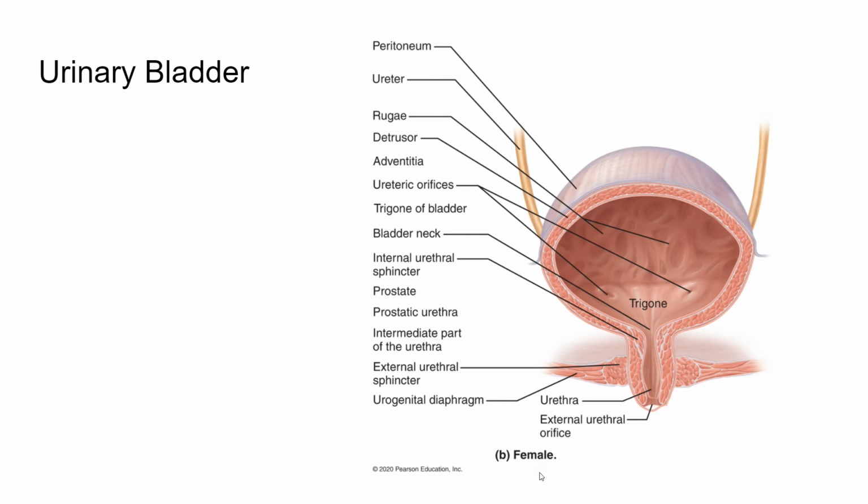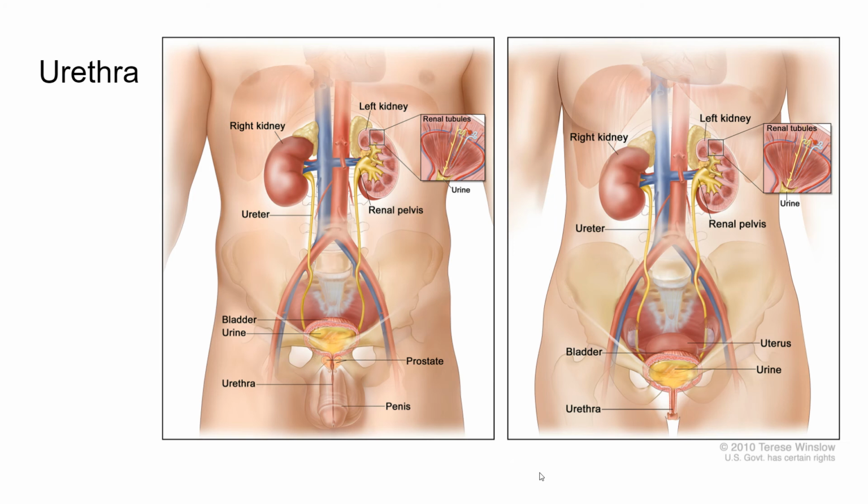Pretty self-explanatory. And then the last one is the urethra, and this is the tube that drains the urinary bladder. This shows the urethra from both male and female anatomical perspective. Basically the same thing.